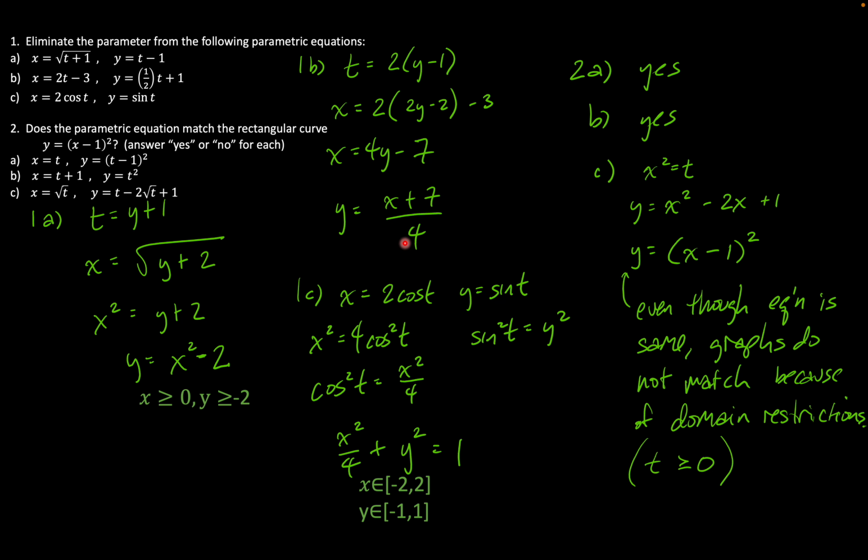Everything is nice and linear, no concerns there. And then finally in 1c, I would have to restrict x to be between negative 2 and 2 and y to be between negative 1 and 1, all inclusively. That is to describe all of x equals 2 cosine t and y equals sine t. Think about the range of those trigonometric functions that leads to these intervals over here.